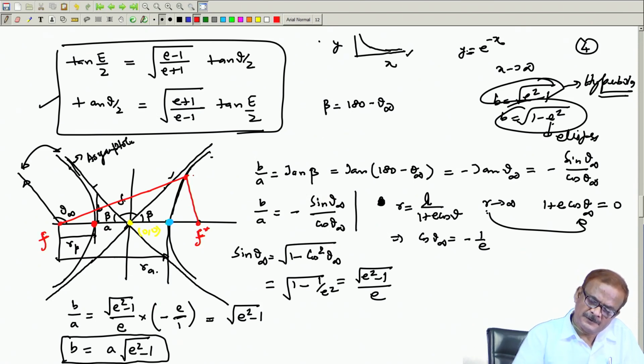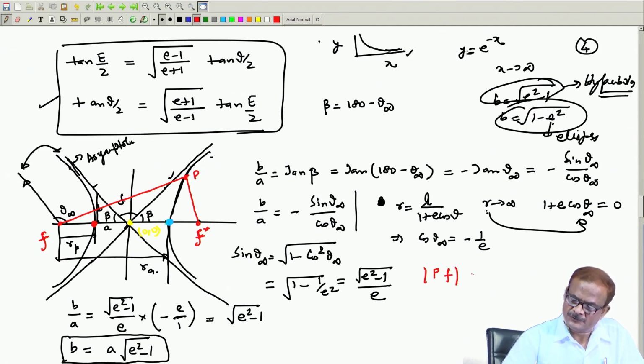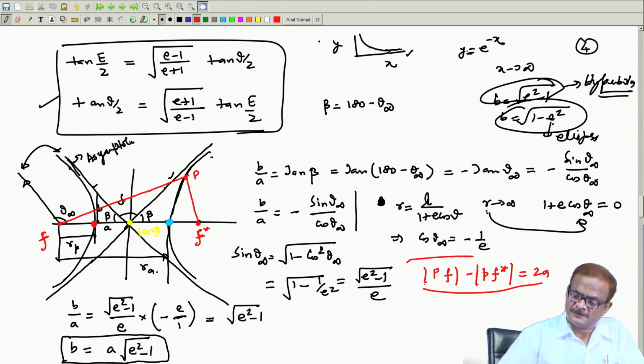Here the magnitude of p f minus the magnitude of p f star will be equal to 2a. This is the basic result, which is always constant. So we will utilize this information.